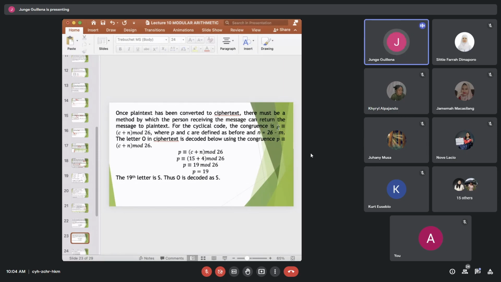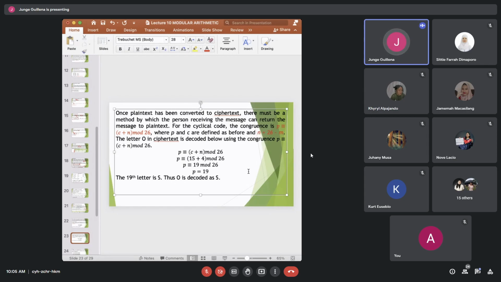The congruence uses this formula: P is congruent to C plus N modulo 26, where P and C are defined as before. This is the ciphertext letter, this is the plaintext letter, and N is simply 26 minus M. Why 26? Because there are 26 letters of the English alphabet, minus the number of shifted positions. So that would be your N.